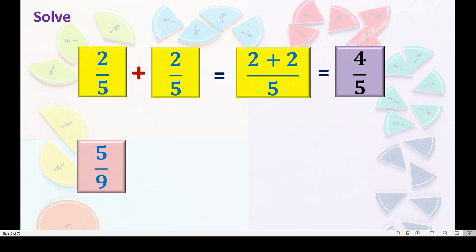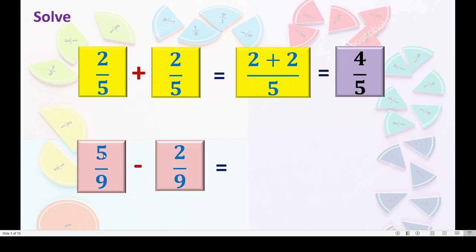Okay. Now take this. 5 upon 9 means out of 9 equal parts, 5 are taken away. Then minus 2 upon 9. Here we did addition. Here we are going to subtract. Now 5 upon 9 parts were there. Out of them 2 parts are taken away.